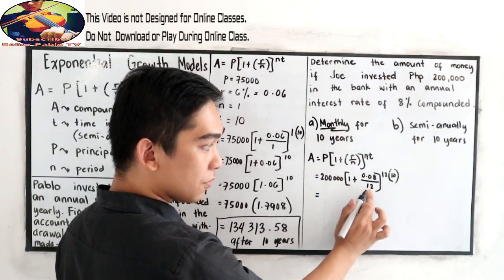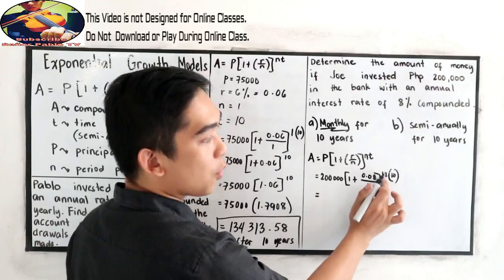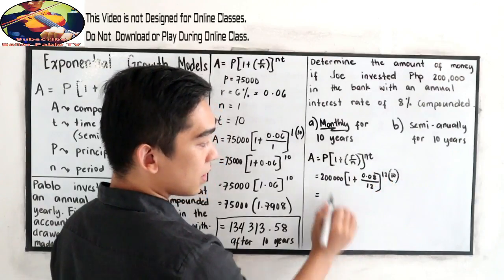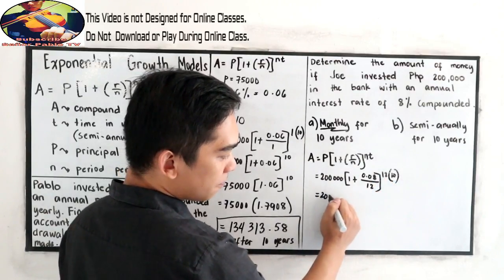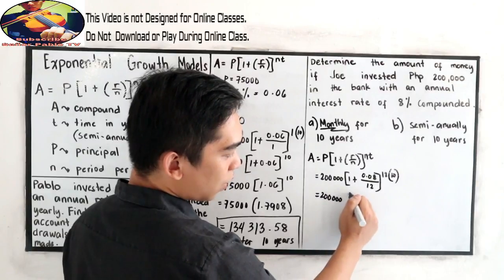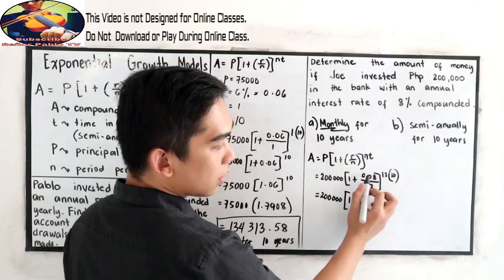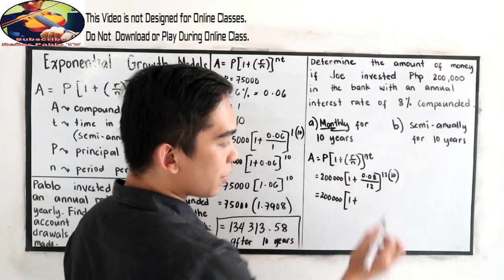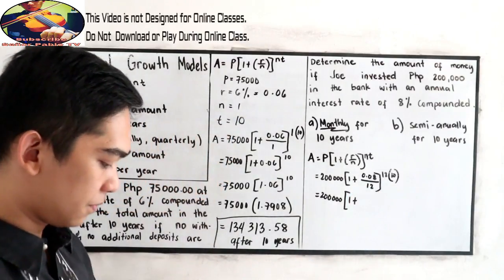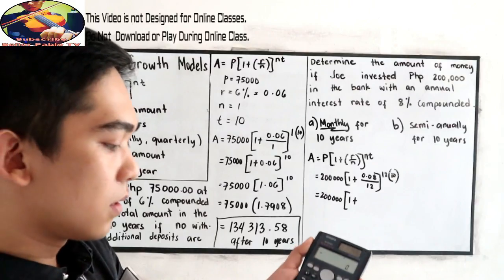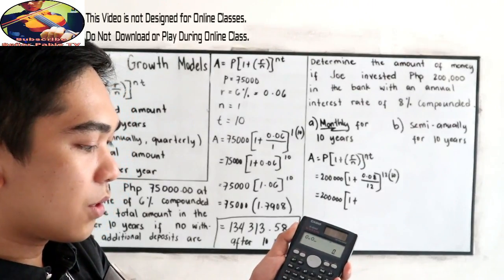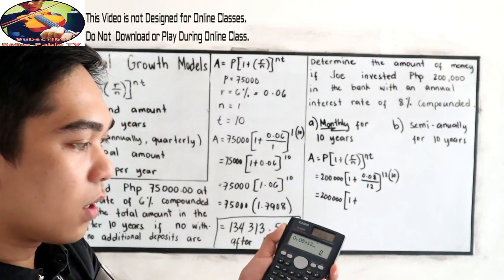So we have 12 times 10. Simplify. 200,000 times 1 plus 0.08 divided by 12.